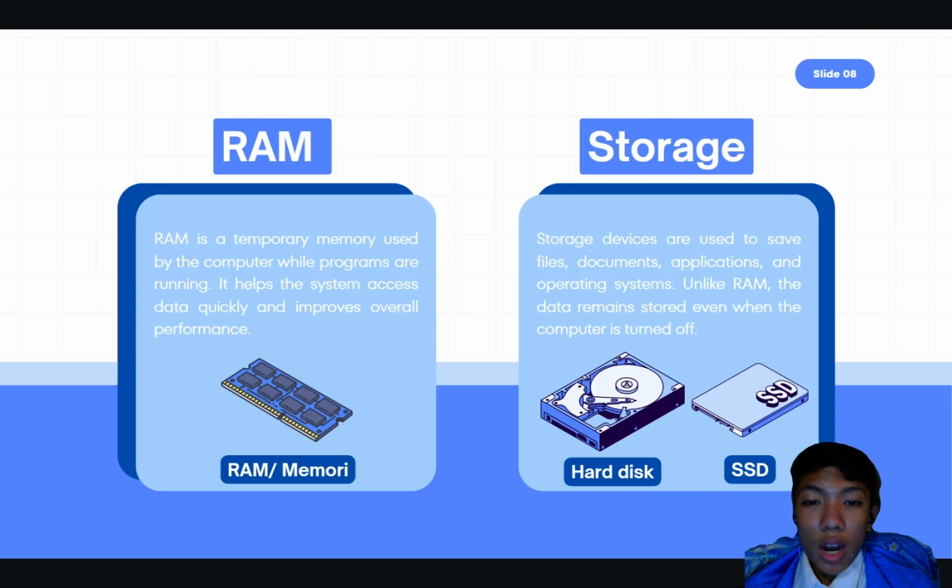Storage devices are used to save files, applications, and the operating system permanently. Unlike RAM, data stored in a storage device remains available even after the computer is turned off. Common examples include the hard drive or HDD and the solid state drive, also known as SSD.